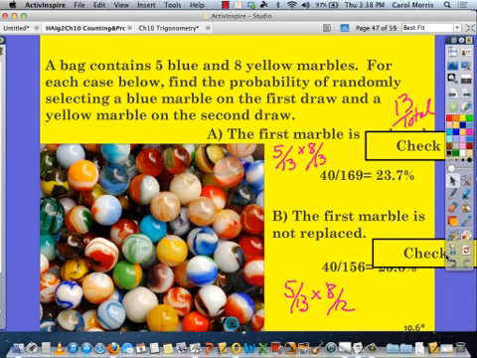If you want a percentage answer, top times top, bottom times bottom, cancel and divide, and our final answer was 25.6%.